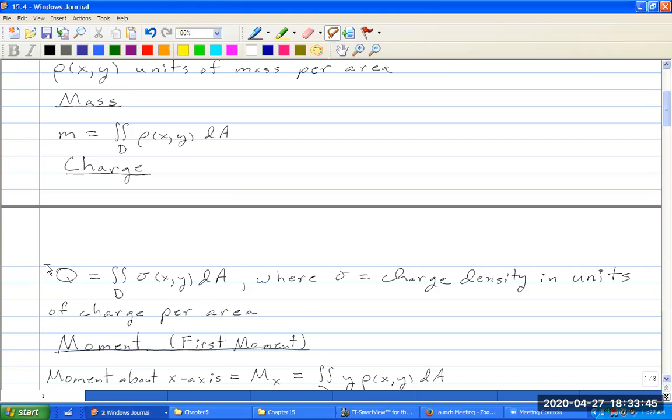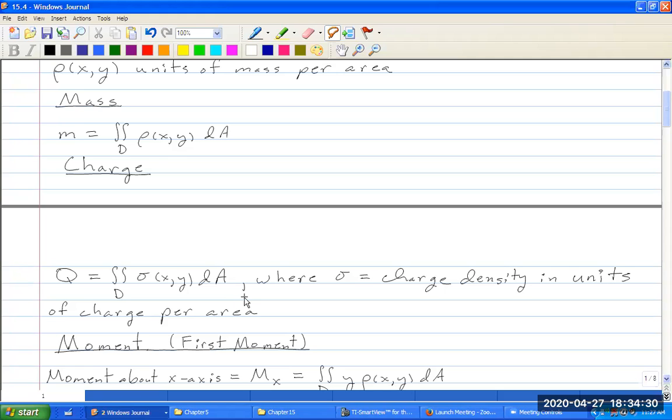The charge, which we denote by Q, of some lamina D having charge density sigma, is Q equal to the double integral over D of sigma x y, where sigma is the charge density with the following units: charge per unit area.